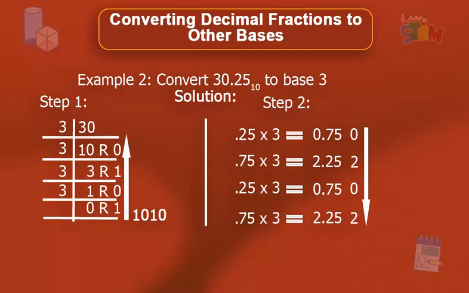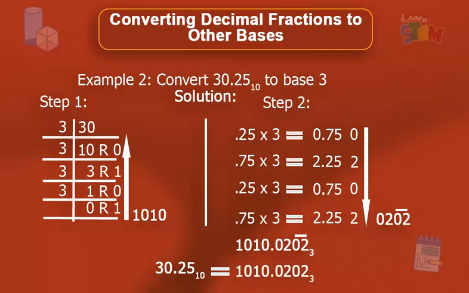That gives us 0, 2, 0, 2, recurring. Putting them together, we have 1010.0202 recurring. Therefore, 30.25 in base 10 equals 1010.0202 recurring in base 3.